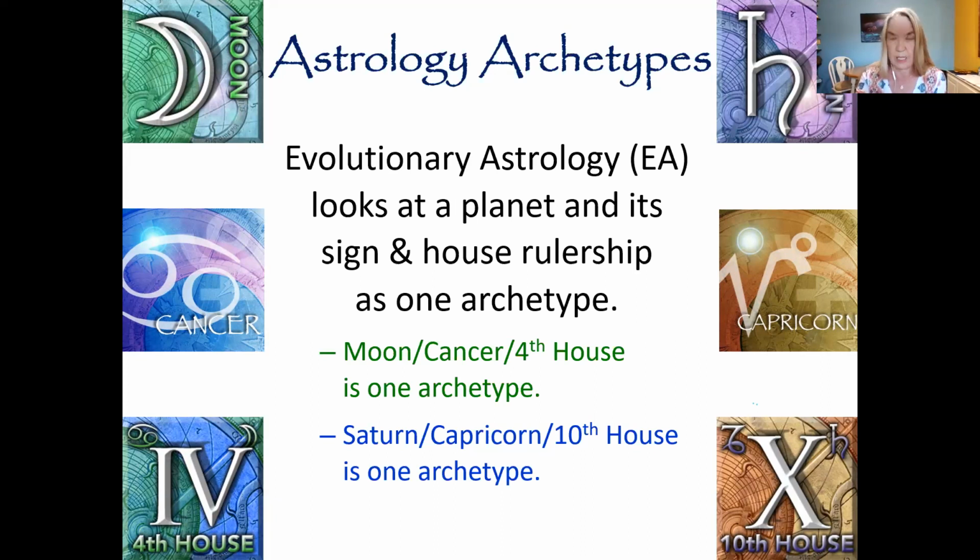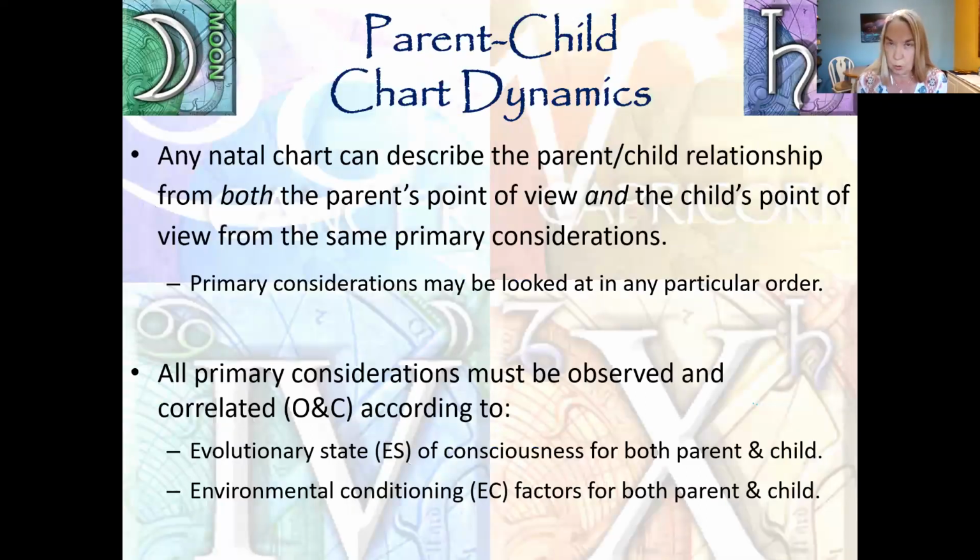And it really does help take some confusion out of that whole chart interpretation thing if you recognize we have 12 archetypes. Now, in regards to the parent-child dynamics, any natal chart can describe the parent-child relationship from both the parent's point of view and the child's point of view, looking at the same primary considerations. And we are going to go over those.